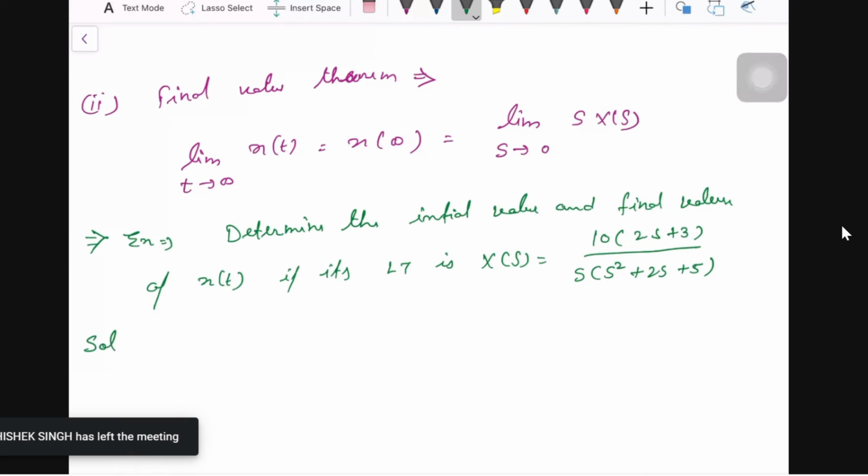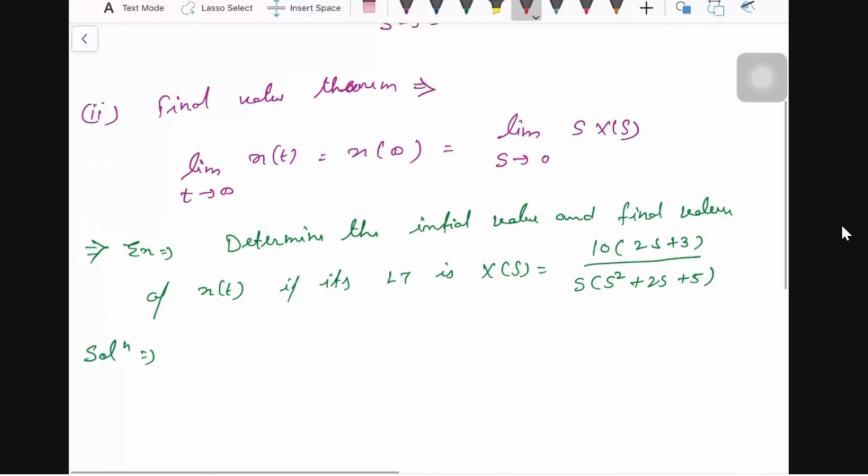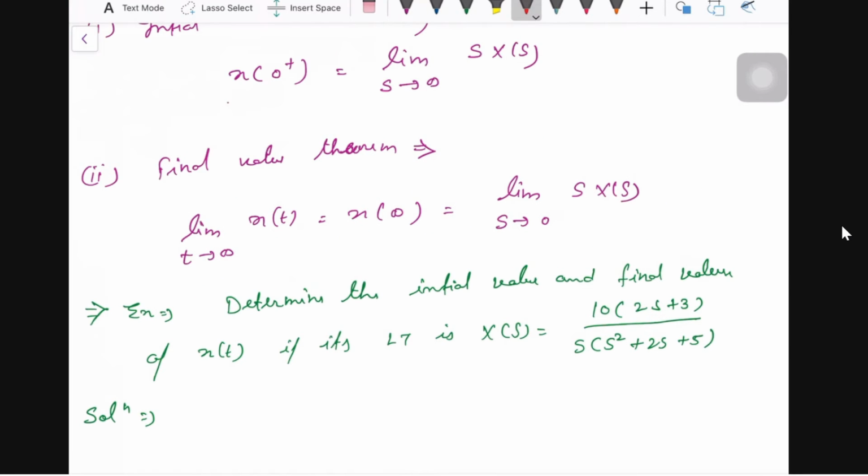Now if you want to solve this, for applying the initial value, the formula is x(0+) equal to limit s tends to infinity s X(s).